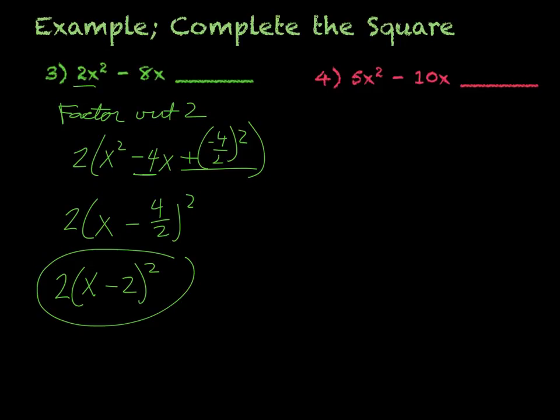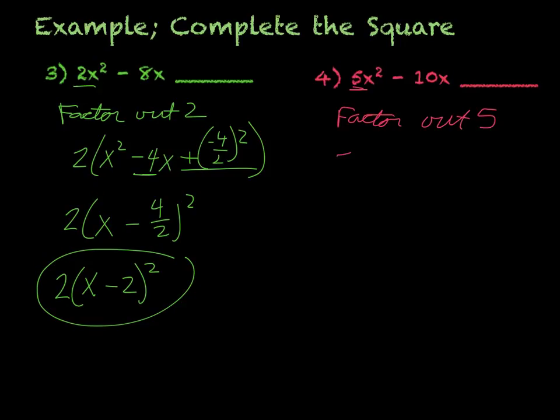This next one, I have 5x squared minus 10x. So again, I need to factor out first because I need a 1 coefficient. So this time I'm going to factor out a 5 because that is my leading coefficient here.